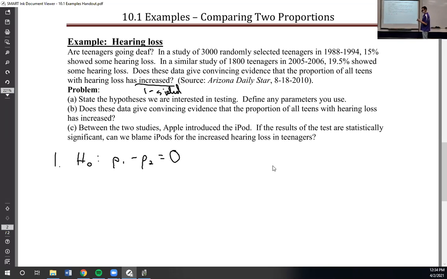Before I go on to state the alternative, I'm going to define P1 and P2. Again, it doesn't matter which one you make P1 and P2. The important part is that you say that in the problem. You state plainly which one is which. All right. P1 is the proportion of hearing loss in the study of 1988 to 1994.